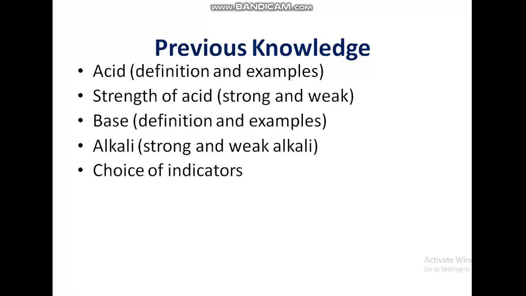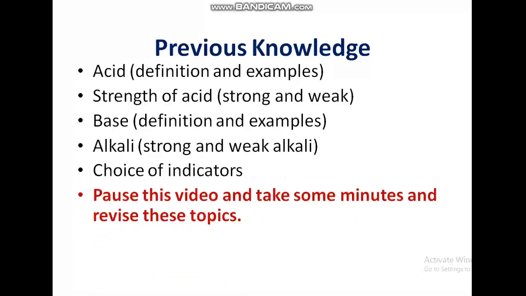Also, choice of indicators, when to use a particular indicator. At this point, you have to pause this video and take some minutes and revise these topics. Now, you can continue.